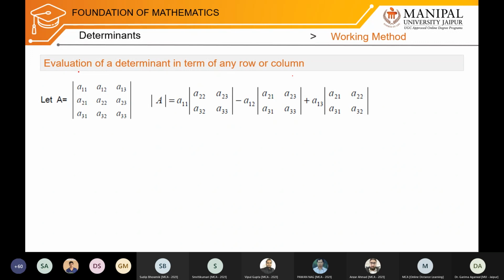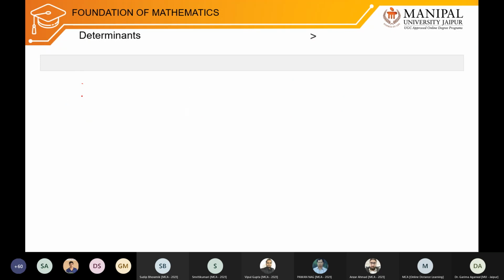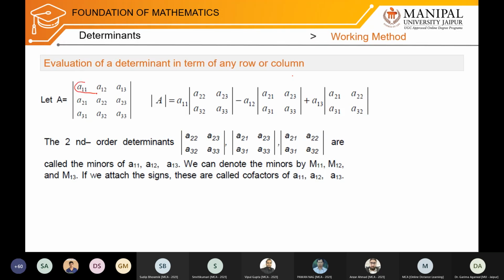Here we are explaining that we can find the determinant with respect to any row or column. It's not necessary to find the determinant with respect to the first row only. We can find it with respect to the first column, second column, third column, or second row, third row as well, right? If we are using a column, we need to write these 3 elements here, A11, A21, A31. For A11 we hide its row and column and write the remaining elements.